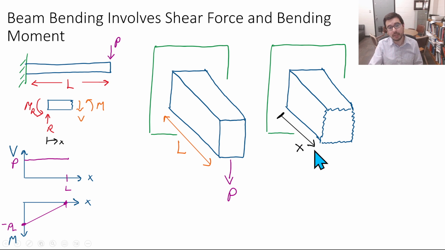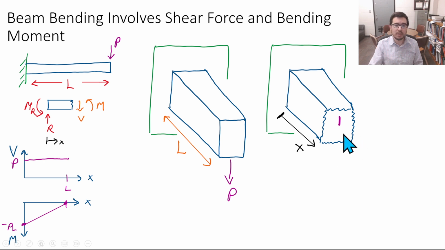We're coming out. And we know we have an internal shear force given by P, whatever x is. And we also have a bending moment that's going from minus PL to 0.